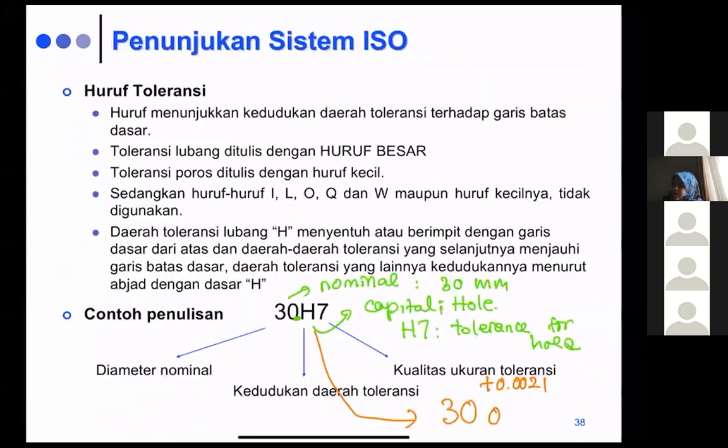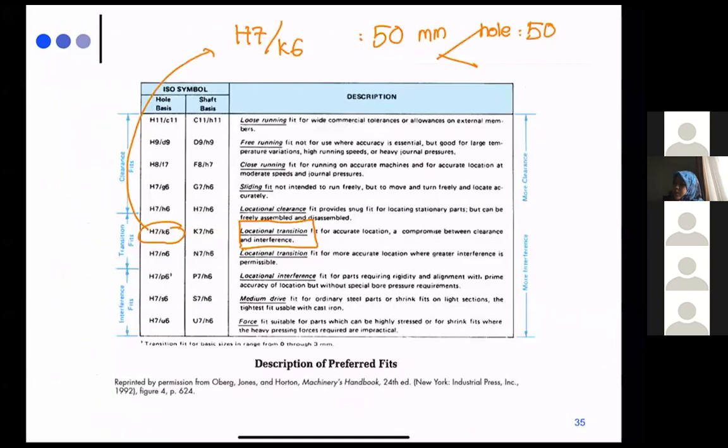So this tells you the hole's upper tolerance would be plus 0.025, that is the maximum of the hole, while the lower tolerance is 0. So you can't make the hole lower than 50.